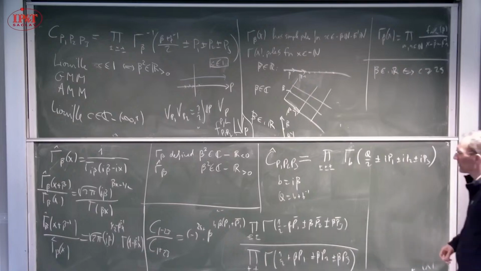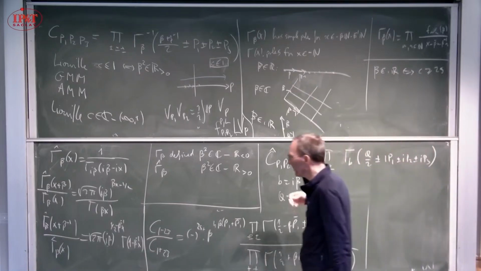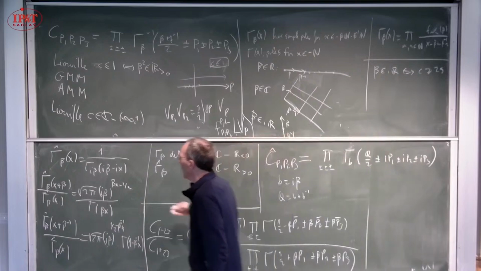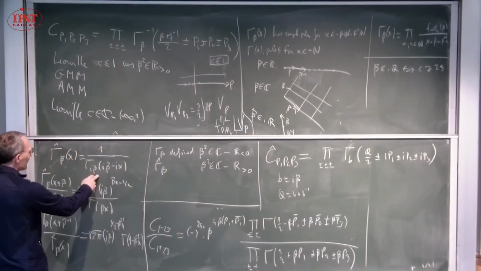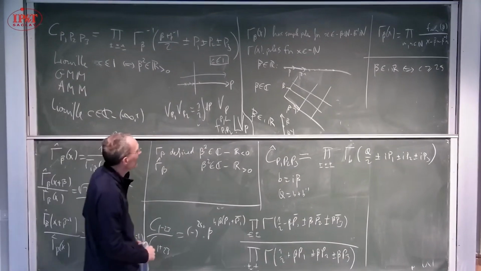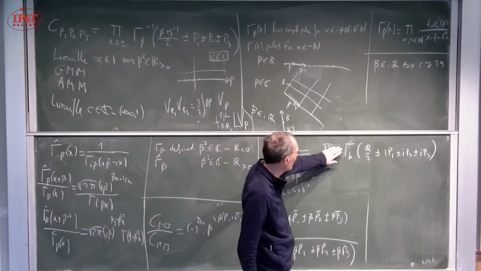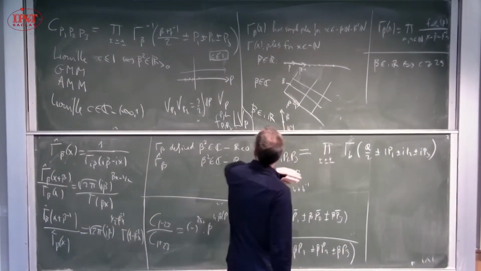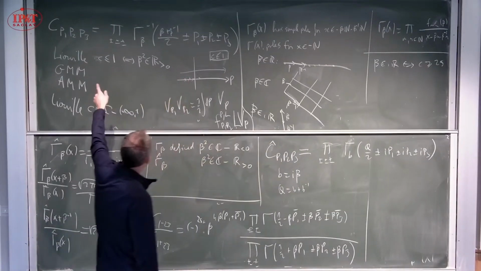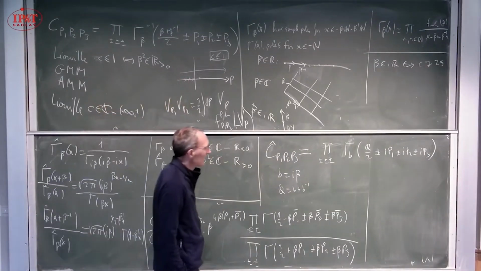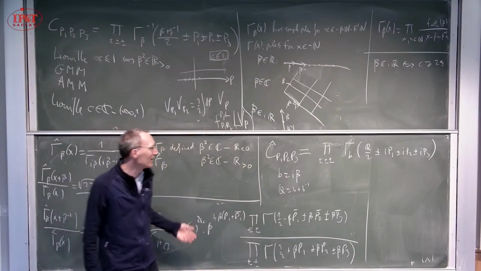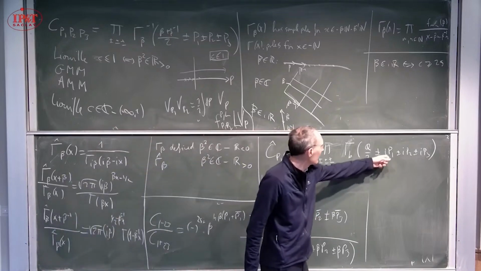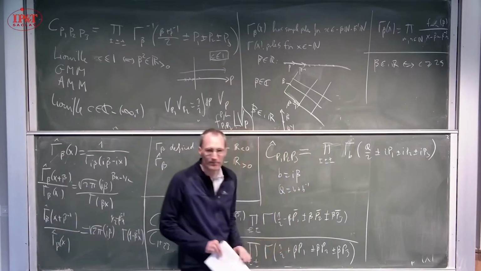So you see, I'm using gamma hat, but gamma hat is the inverse of gamma. Therefore, my double gamma function now is in the numerator instead of being in the denominator as it was before. But otherwise, it's a very similar formula, except that I have plenty of i factors here and also there.